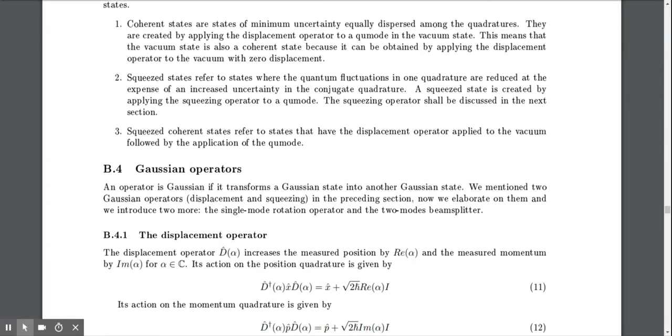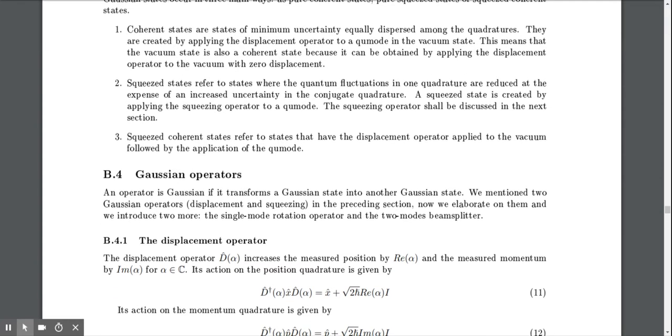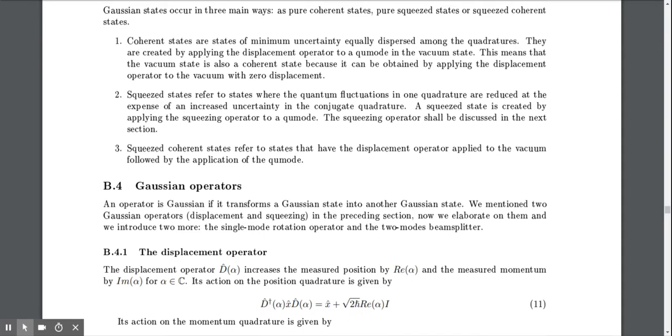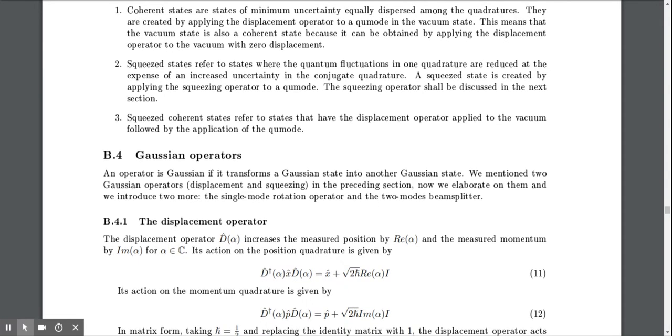Squeezed coherent states refer to states that have the displacement operator applied to the vacuum, followed by the application of the squeeze operator on the Q mode. I guess they mean the application of a squeeze gate.